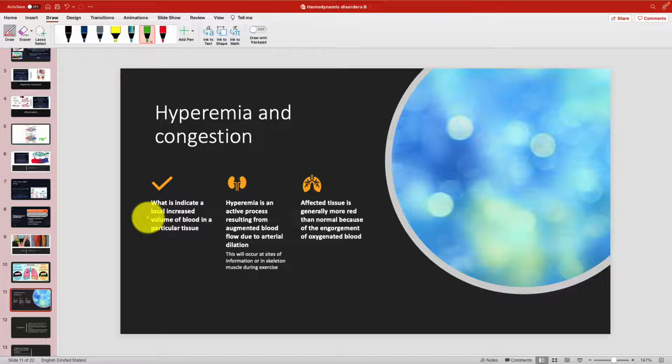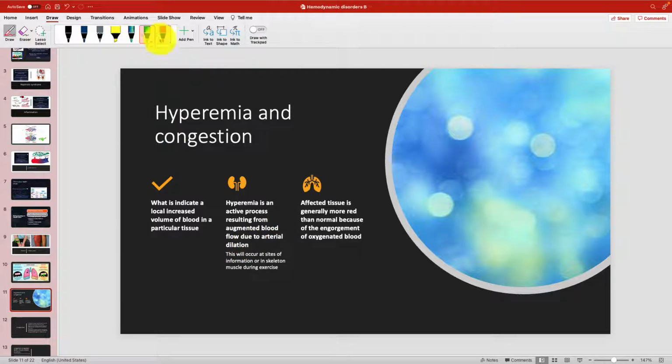Hyperemia is basically a condition identified as an increase in arterial dilation and an increase in blood inflow. This occurs in exercise and skeletal muscle. So hyperemia is an active process resulting from augmented blood flow due to arterial dilation.